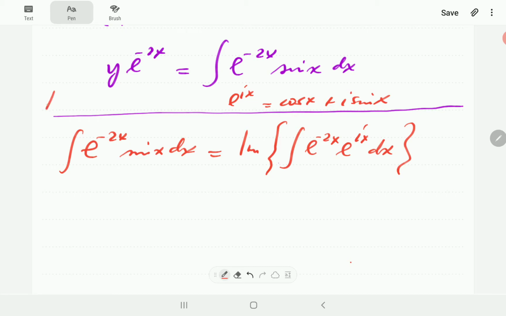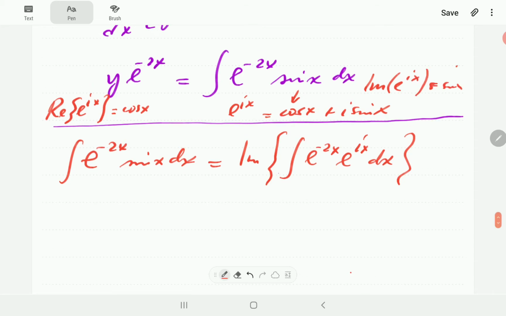If you take the real part of this, it just picks out the cosine. If you take the imaginary part of it, then it just picks out the sine. So the imaginary part of e to the ix is just sine x. So if you take the imaginary part of this, it's just going to be e to the minus 2x sine x.